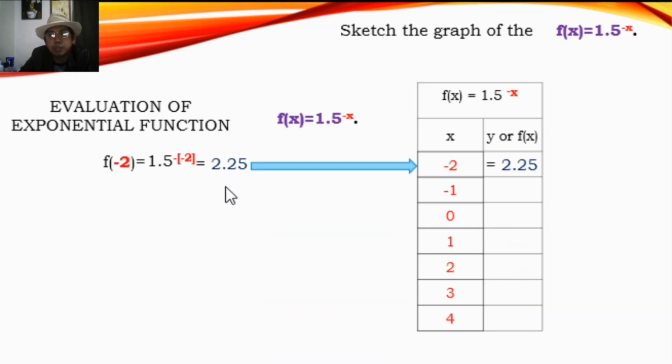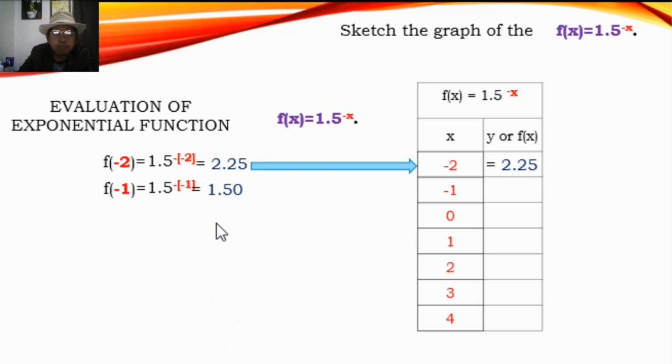That would be the point. What about this one? If my x is negative 1, the result would be 1.5 raised to negative multiplied by negative 1. It will give you positive 1 as the exponent. So what would be the result?